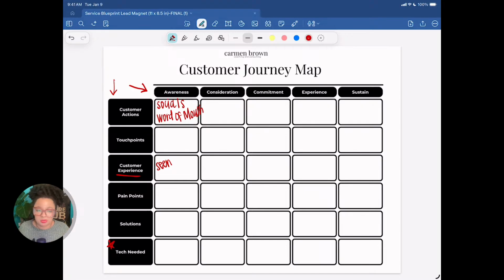And so, what are those touch points? Now that they're at the awareness phase, what are the touch points? For me, again, that's my socials. So when they see me on Instagram, when they see me on YouTube, when they see me on Facebook, I don't be on TikTok like that.